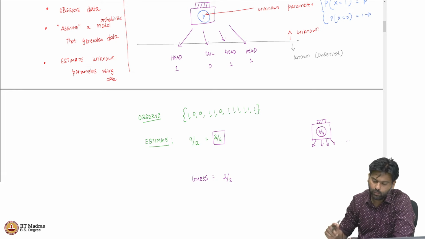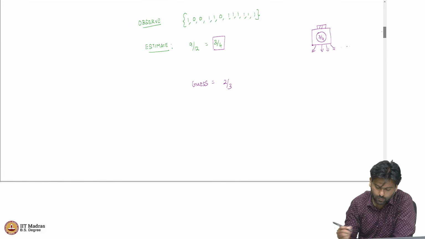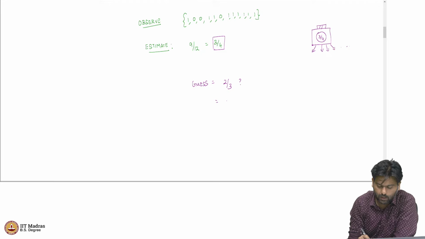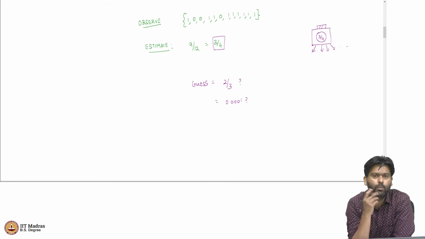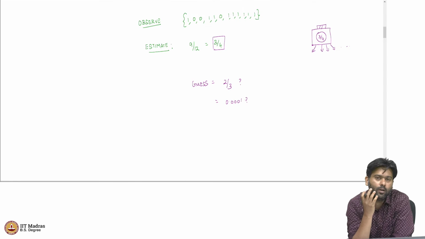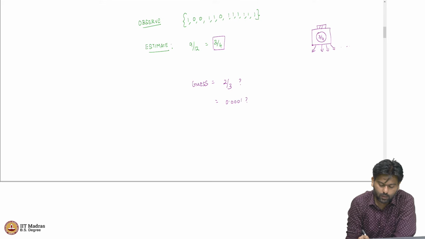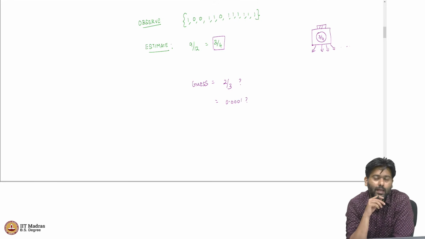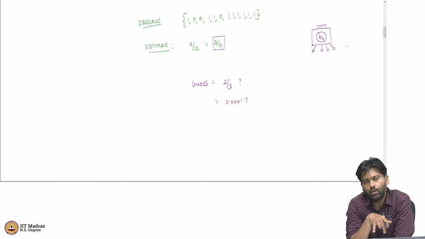Well, can the truth be 0.1? Can this be the probability of seeing heads? Well, what do you think? If you think about it, I cannot simply rule out this probability, right. There is still a non-zero chance that I could have seen this data if the true P is 0.001.